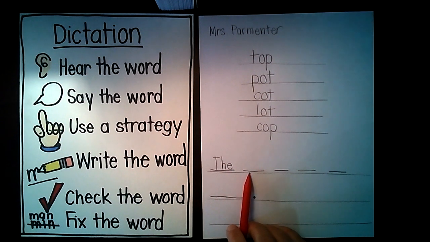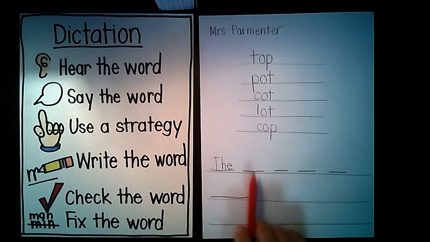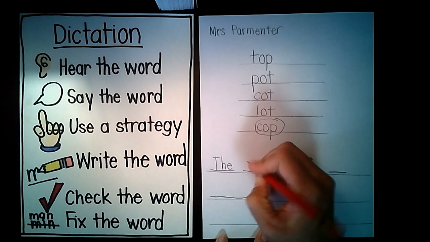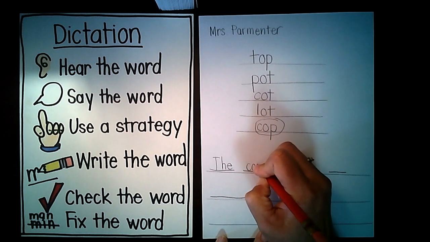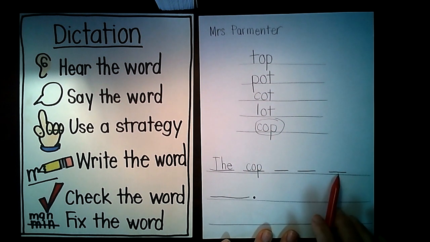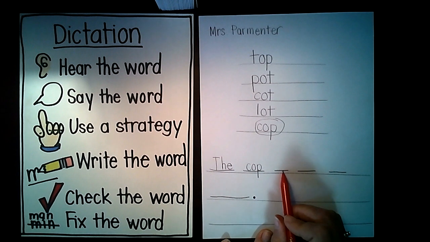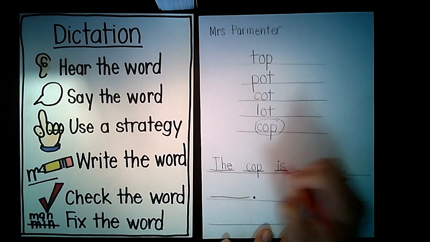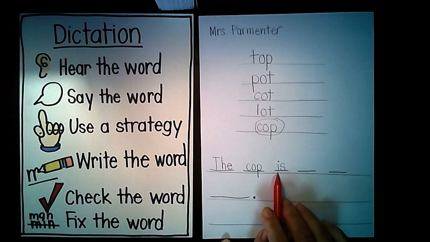The next word is cop. Ooh, that's a word we wrote up in our list. I'm going to go ahead and copy it right here. The cop is up on top. Is our next word to write. Is a sight word as well, so let's go ahead and say the letters as we write them. I, S. The cop is up.